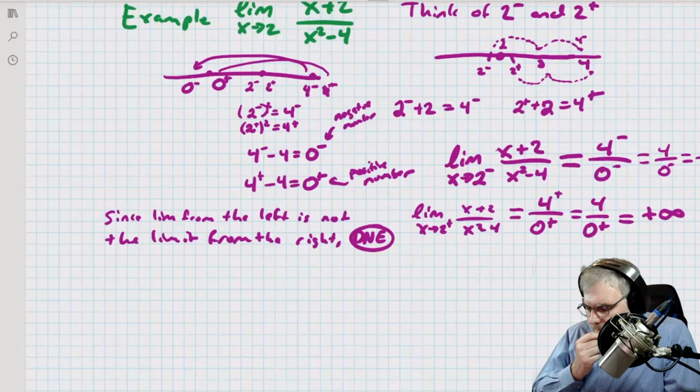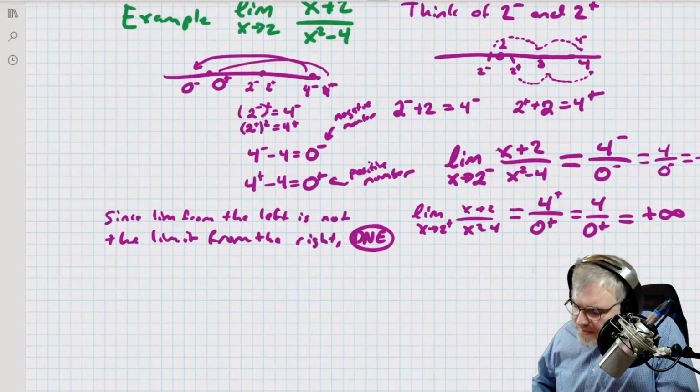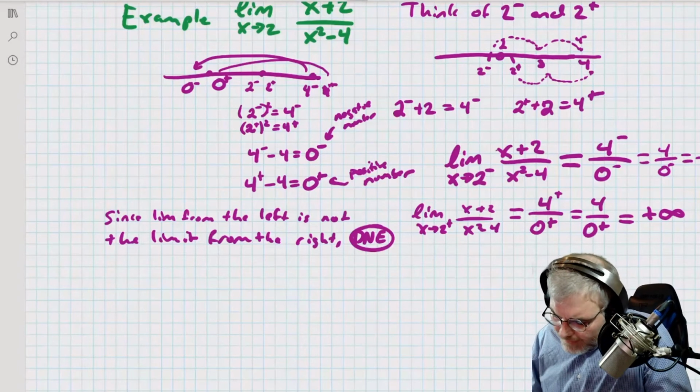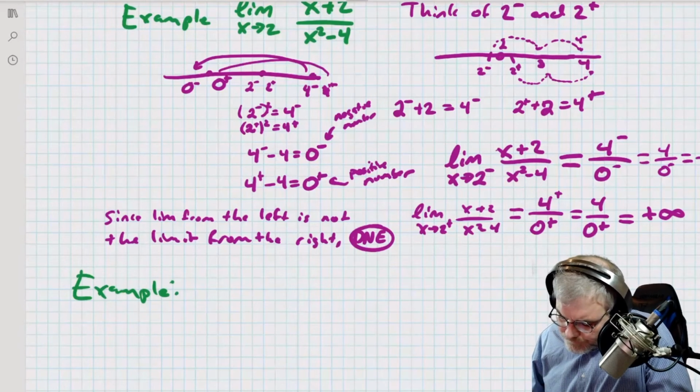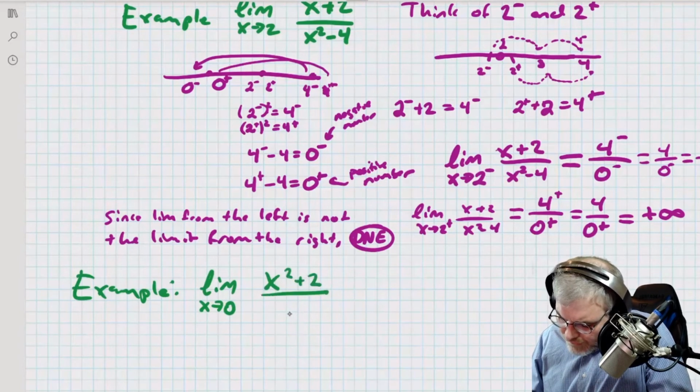All right. Well, let's do another one. Let's do the limit as x goes to 0 of x squared plus 2 over x squared.